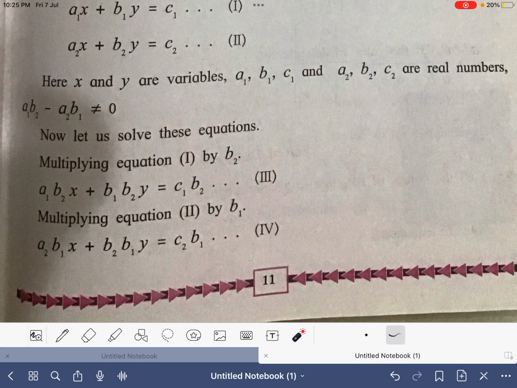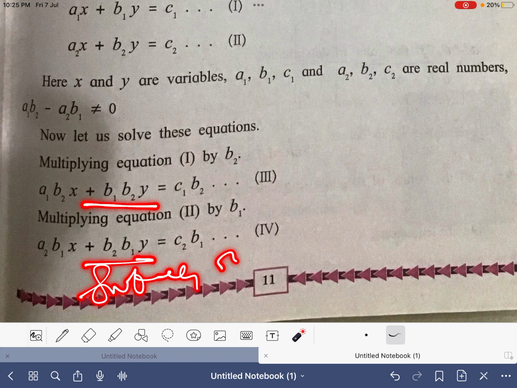Now here the coefficient of y is b1 b2, and here the coefficient of y is also b1 b2, and look at the signs: here is plus, here is also plus. So if we simply subtract these equations to eliminate y, what do we have to do? Subtract equation 3 and 4.